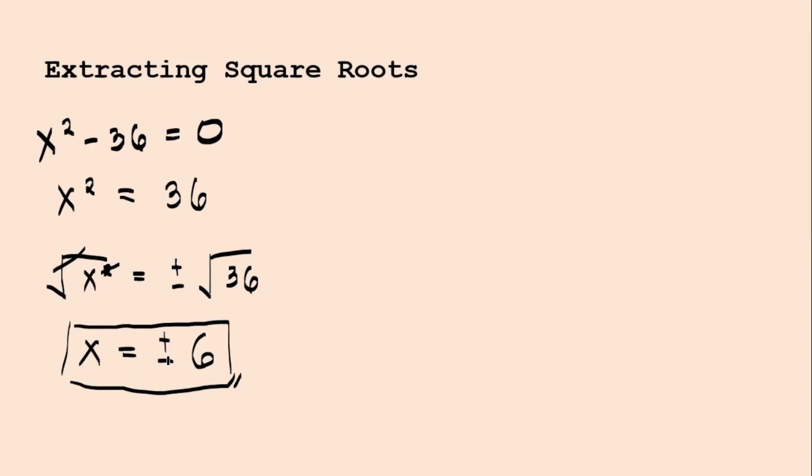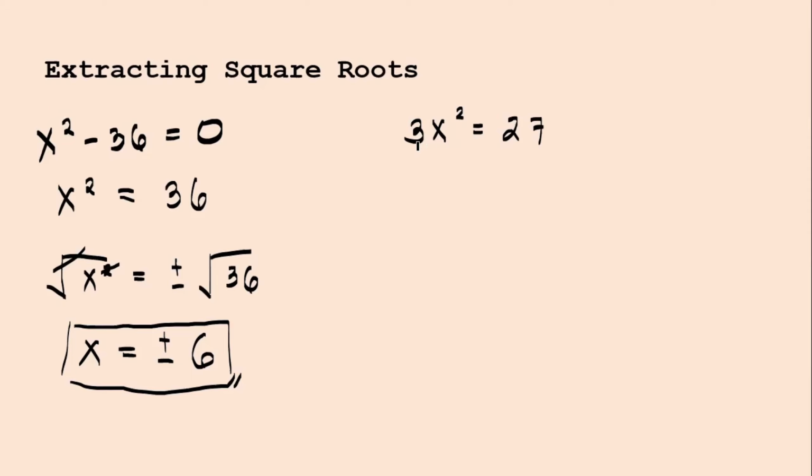Okay, another example: 3x squared is equal to 27. Again, x lang yung kailangan and you need to eliminate this 3. Tanggalin natin lahat ng kasama ni x. Tatanggalin natin si 3, tatanggalin natin si exponent na 2.